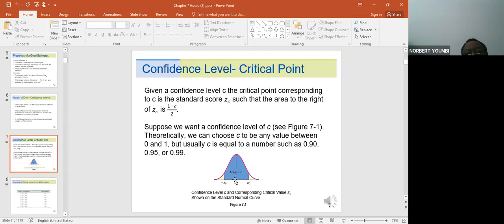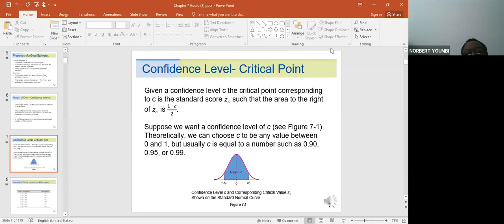If we know the area between minus ZC and ZC, we can subtract it from 1 and divide by 2 to know the area in the tails. That is going to be used to find minus ZC, which is the critical value. Whenever we have the confidence level, we can use this method to determine the critical value ZC.